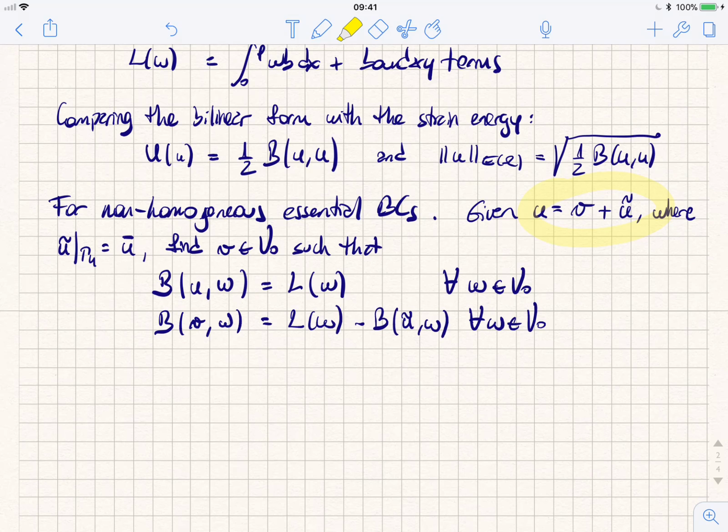But if I define this u as a space, and I take one function from that space and add another function from that space, suddenly the function has twice the value of the prescribed displacement at the Dirichlet boundary. So this is not a space. This is what mathematically is called a linear variety. It's basically a translation of a space so that you ensure that you have boundary conditions.